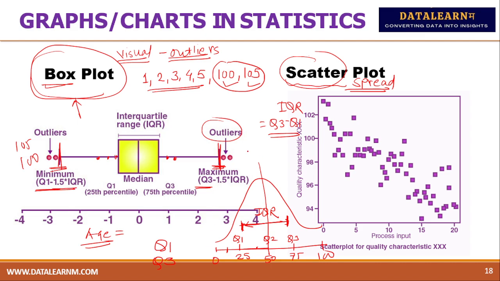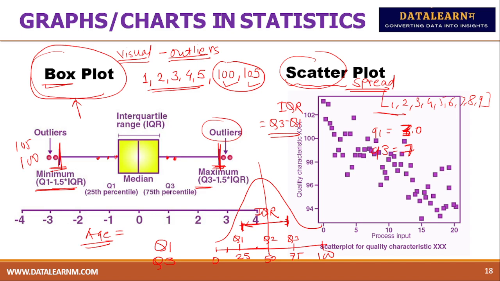Suppose for a particular range, 1, 2, 3, 4, 5, 6, 7, 8, 9, I have values like this. If I plot Q1 and Q3, suppose Q1 is 3 and Q3 is 7 after calculation.